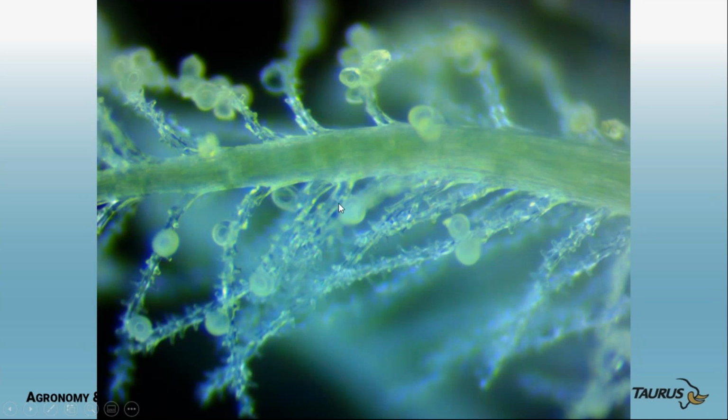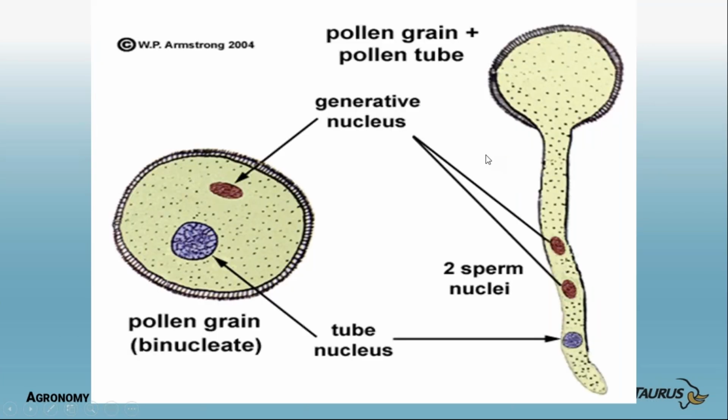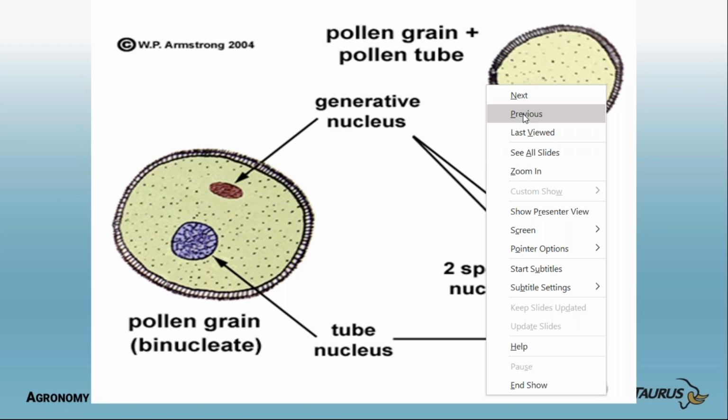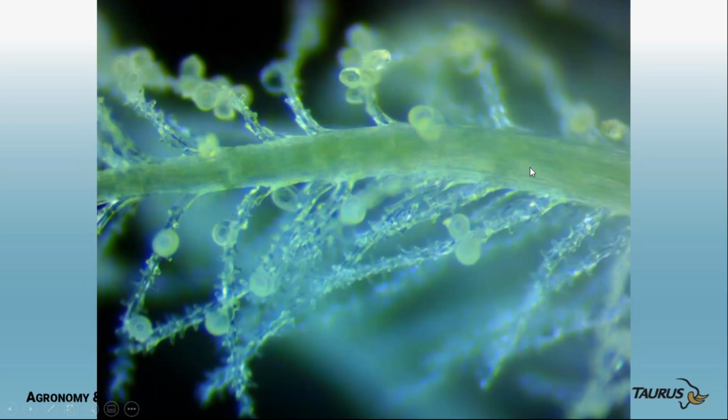So you take a look at it up close, you can see that all of these pollen grains are here, and the plant is made with all these little fringe parts that will catch the pollen, just like in corn as well, and it'll put out a pollen tube, and it has to feed all the way down into the seed. So the plant loads up all this tissue with nutrients in support of that. That's what gives you the big buildup going into pollination, because the plant has to feed the pollen.